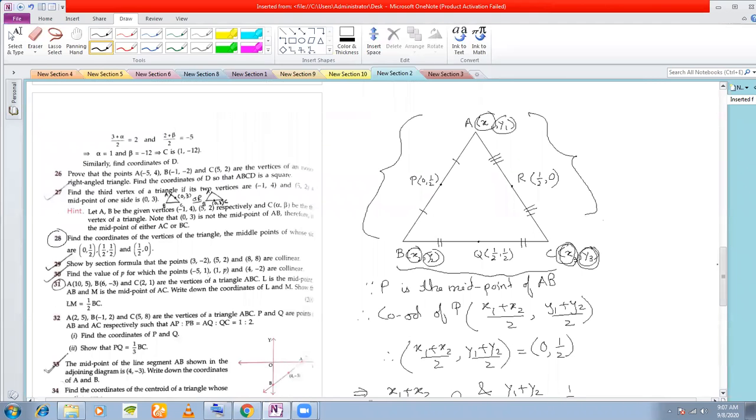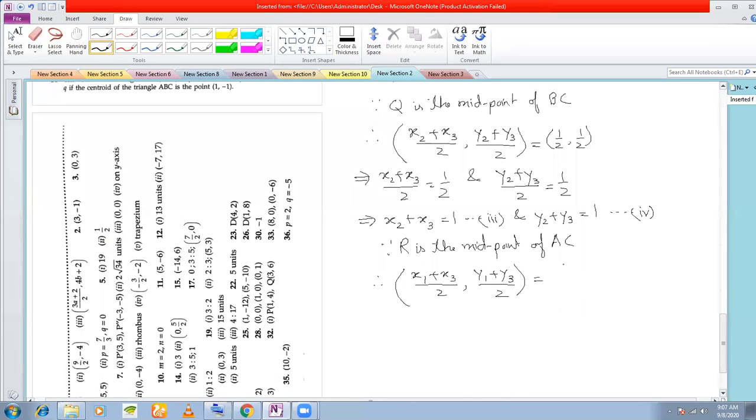And the middle point is given to be (1/2, 0). So this must be equal to (1/2, 0). So again here we get two equations.